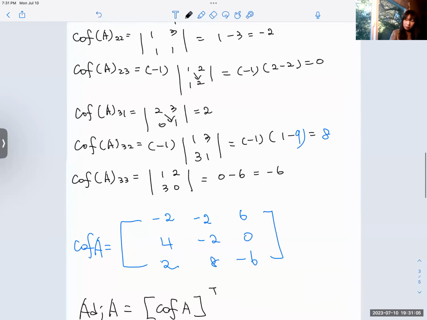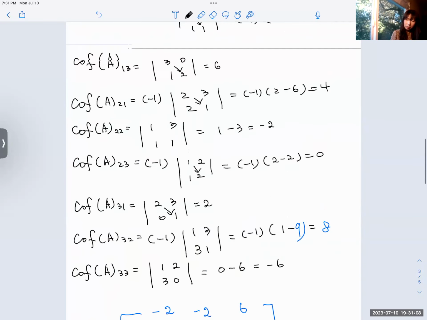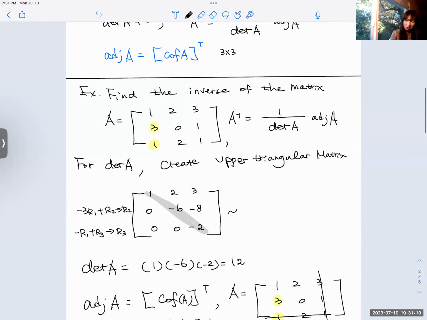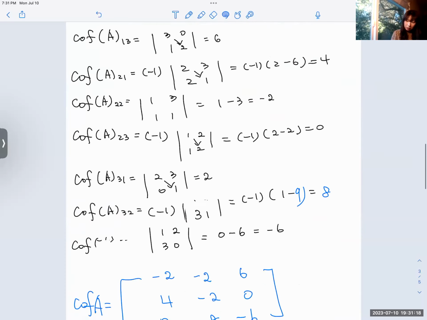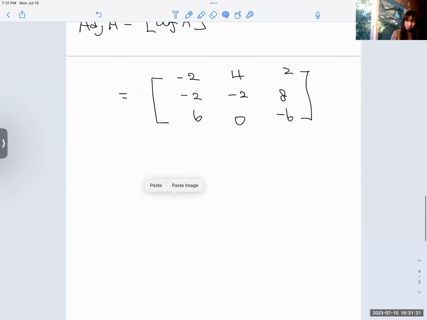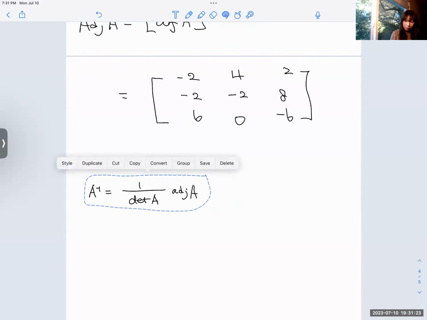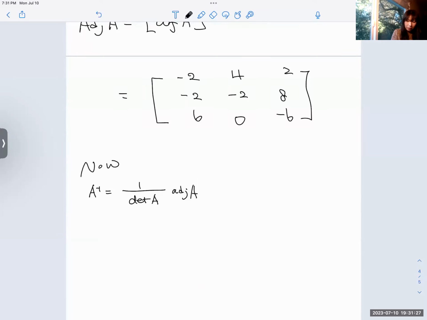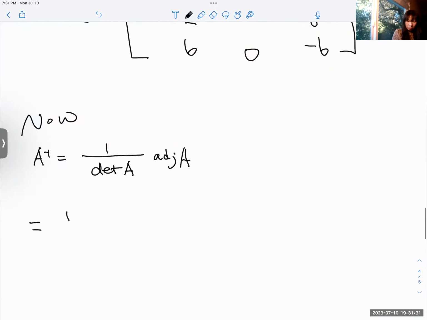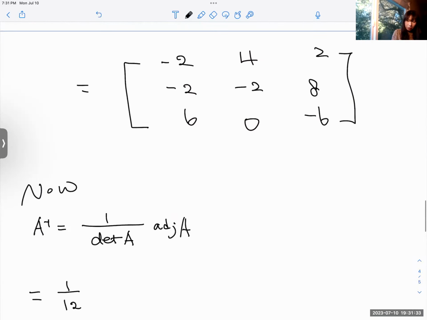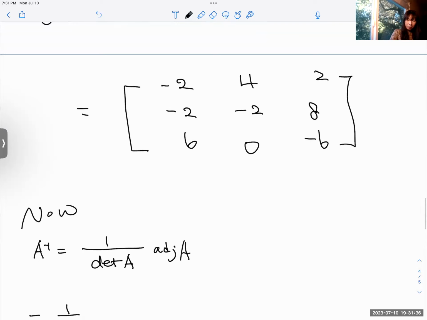So hold on 1 second. We are using the inverse. So this will be 1/12 times the adjugate.